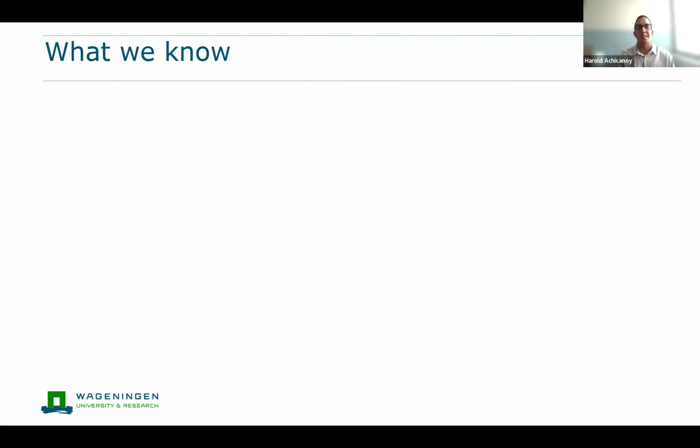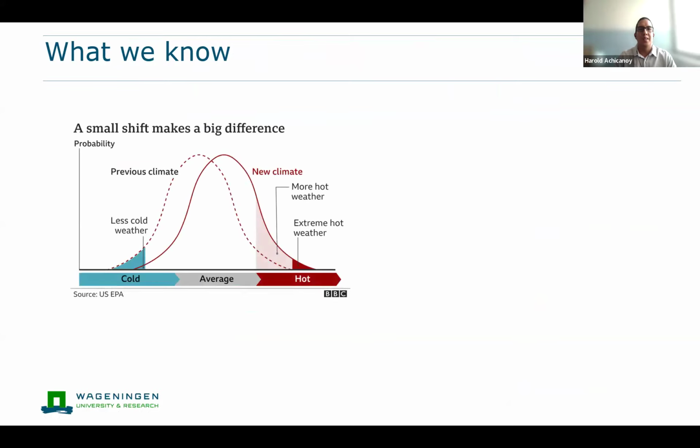Let me start with what we know about droughts. First of all, as we all know, climate change is changing the statistical distribution of our previous climate. So now we have a new climate, characterized by, let's say, hotter temperatures, which at the end are producing extreme weather events.